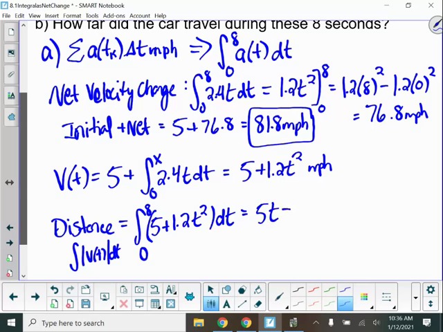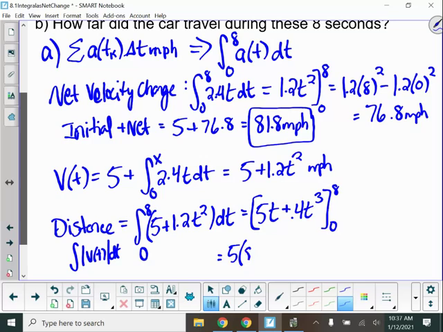So we get 5t plus, I have 1.2, I add 1 to the exponent, it makes it a 3, divide the 3 into the 1.2, so it's going to be 0.4t cubed. And then we're evaluating that from 0 to 8.